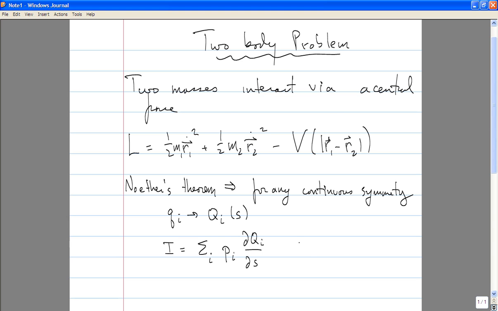And this will be a constant of motion, provided this is a symmetry that leaves the Lagrangian invariant.